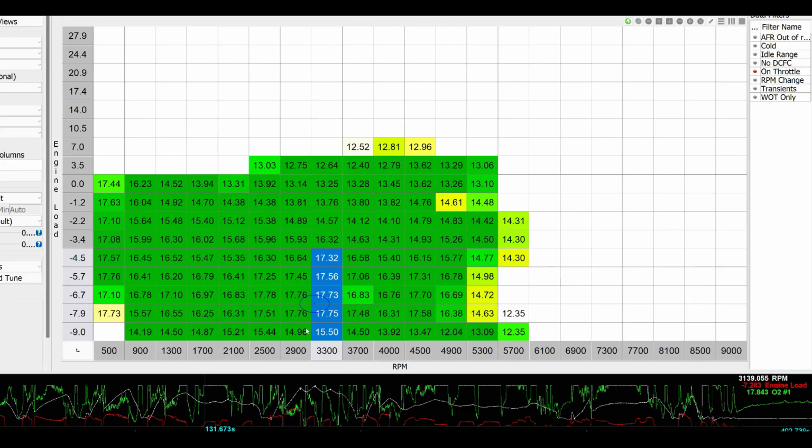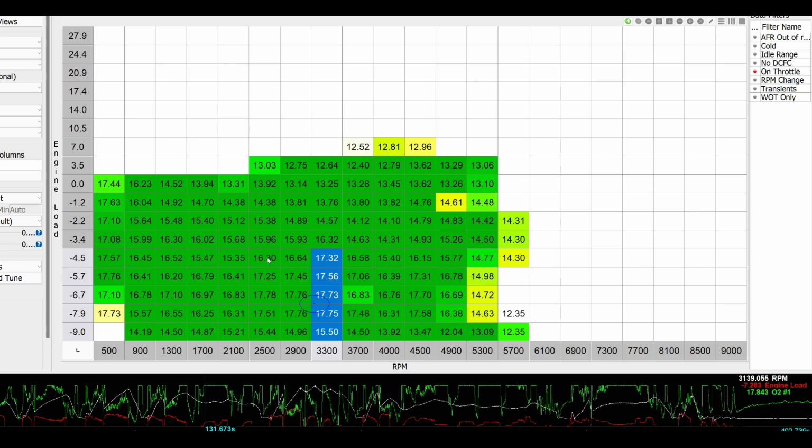We can see that again about 3,300, which is our split, and from minus 9 to about minus 4.5 psi, our average O2 or AFRs are right there at about 17.7 to 17.3 across the board. So that's the average for the entire data log, not just the section that we were looking at. So we can see that this is consistent.